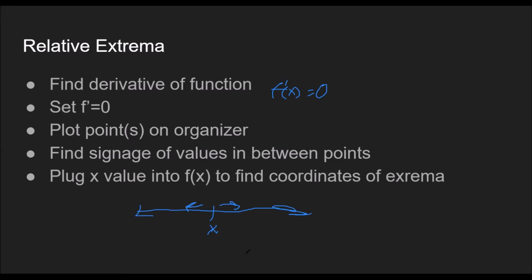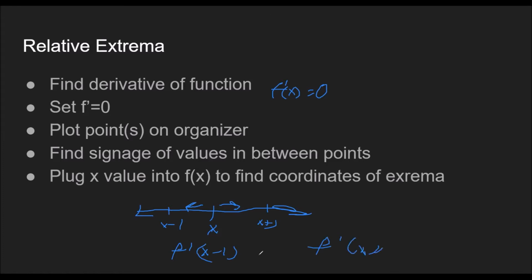So let's say here this is x plus 1, and let's say here this is x minus 1. You're going to want to find the sign value of f prime of -1, and you're going to want to find your sign value of f prime of x plus 1.